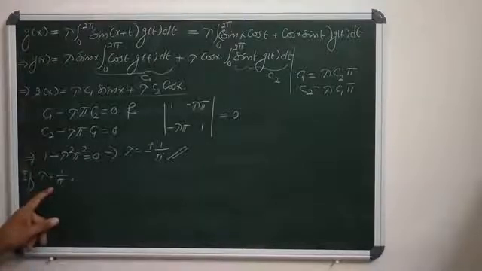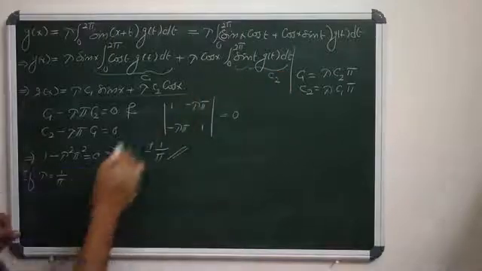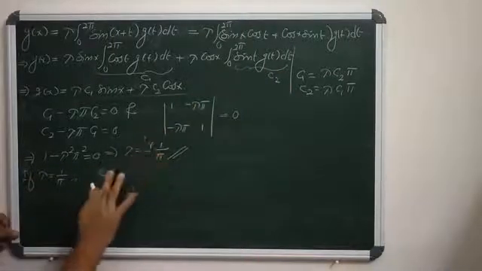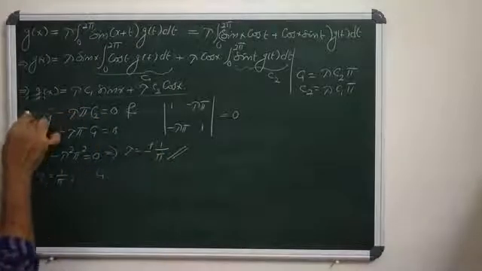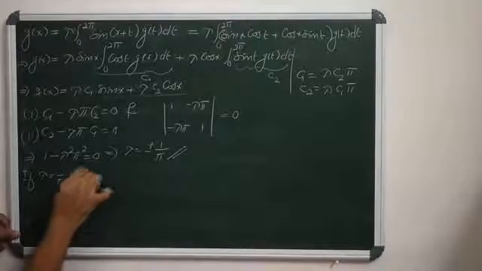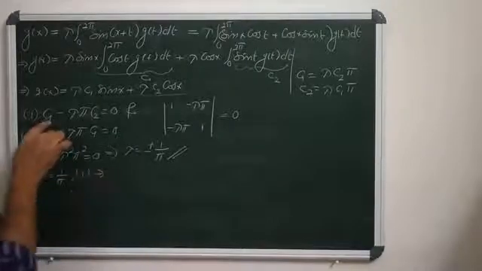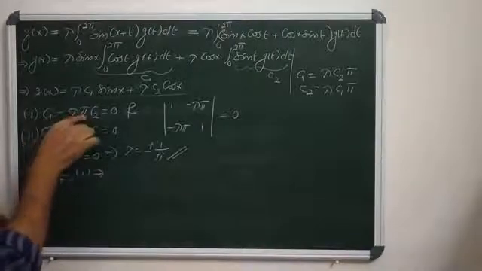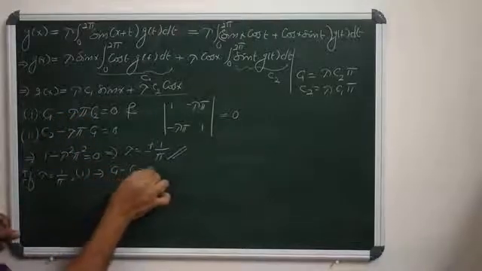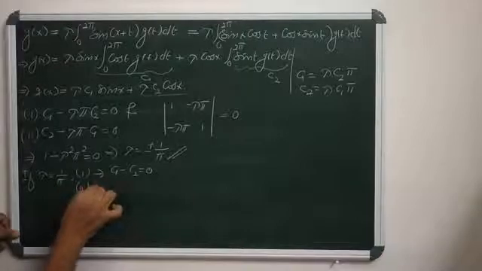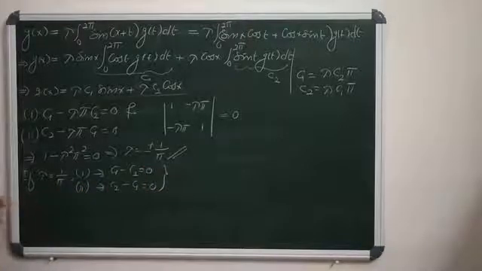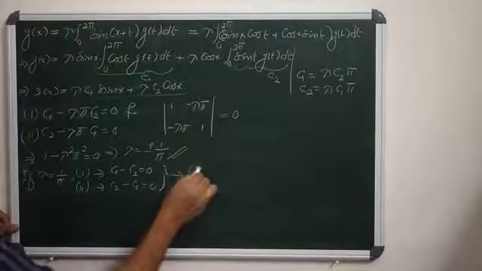Equation 1 gives, with pi and pi cancelling each other, C1 minus C2 equals 0, and equation 2 gives C2 minus C1 equals 0. So lambda equals 1 by pi gives C1 equals C2.